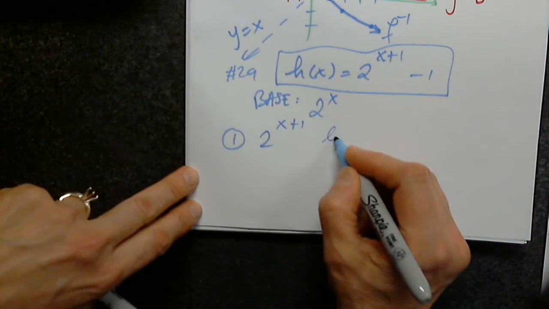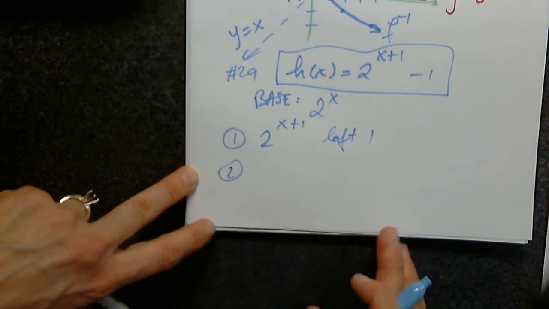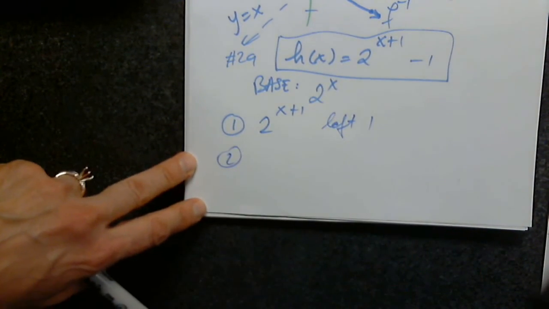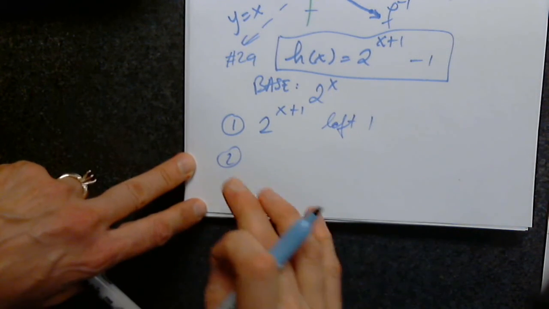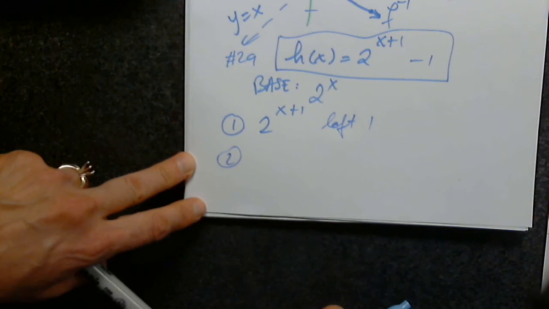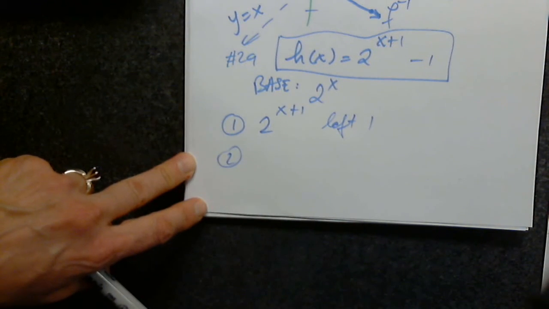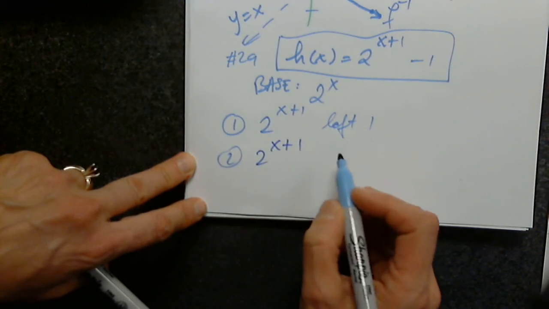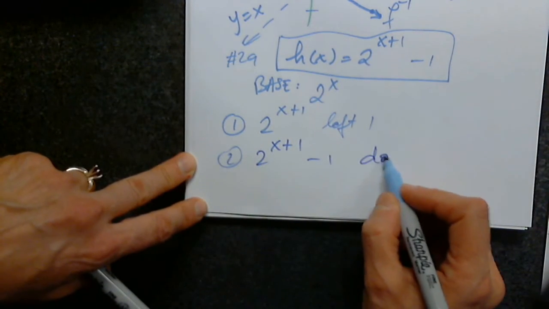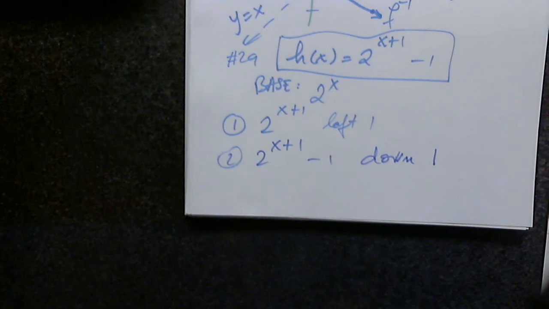That's it. 2. That's why we need to review. Good. And then there is a transformation on this one. So I have to write 2 raised to x plus 1 minus 1, and it is indeed down 1. Do we agree? Yes? Okay.